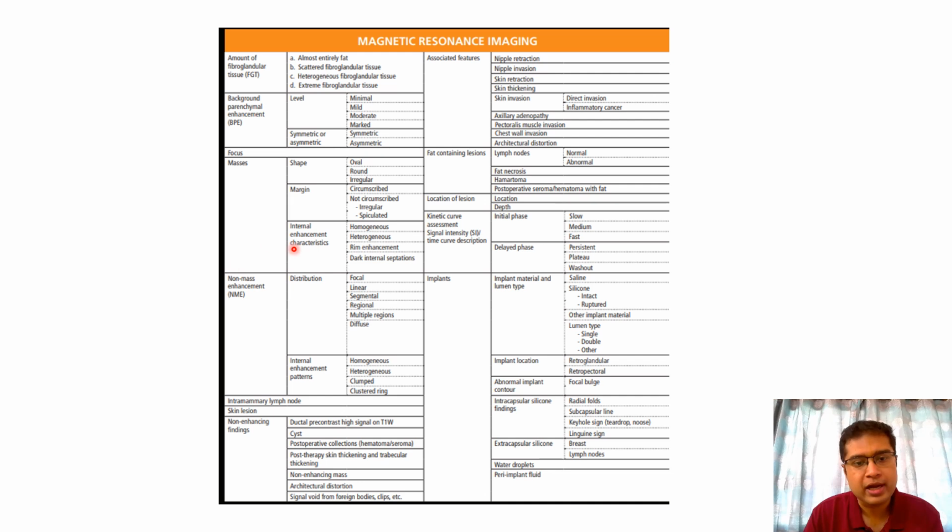In case of non-mass enhancements, we have to specify its distribution and the enhancement pattern. But the important thing here was, in a mass, we have to give a kinetic curve assessment where there are two important phases, that is the initial phase and the delayed phase. And accordingly, the mass is characterized as being benign or malignant.